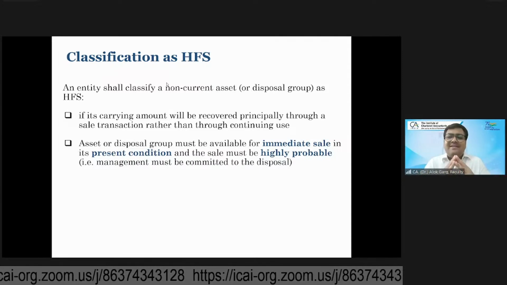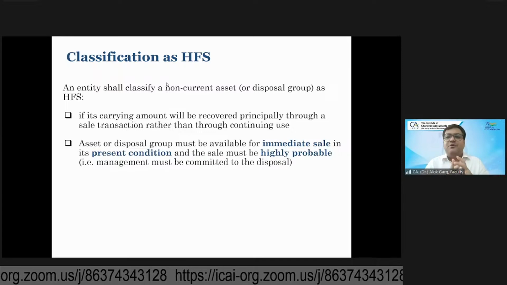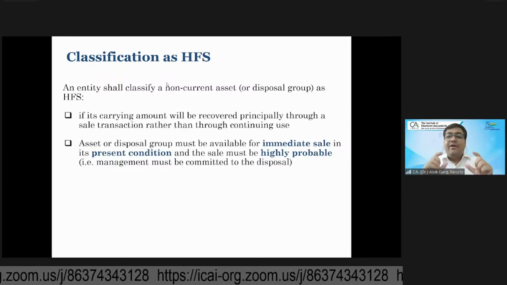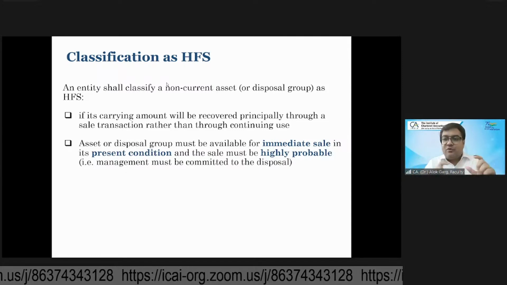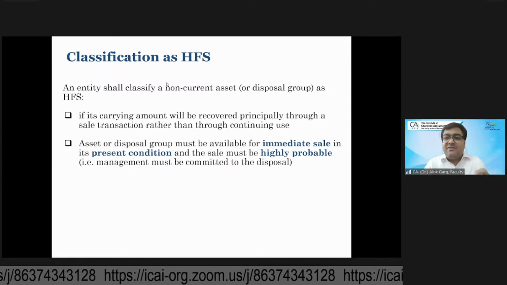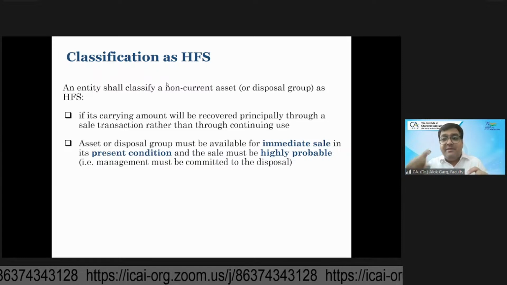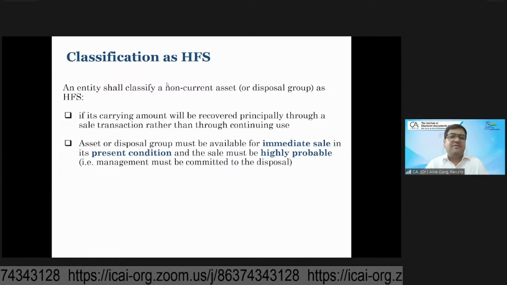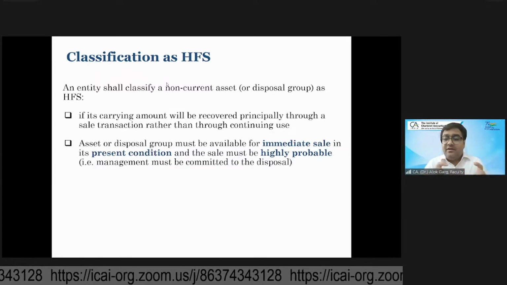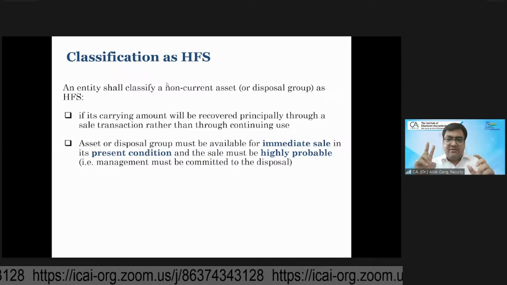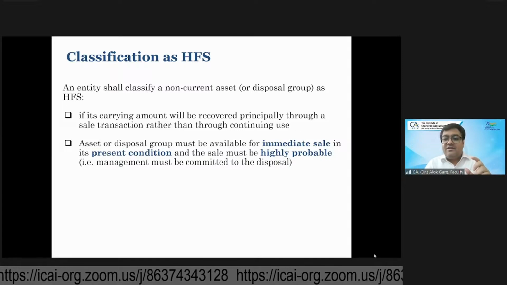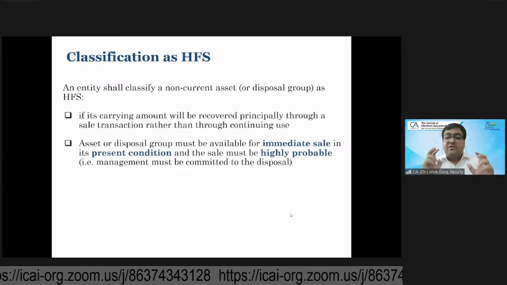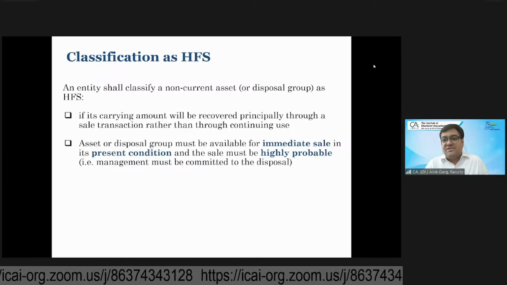So now in this case, I have two questions for you. Question number one, whether the third floor is available for sale. Question number two, whether the third floor is available for immediate sale in present condition. Two questions are there.